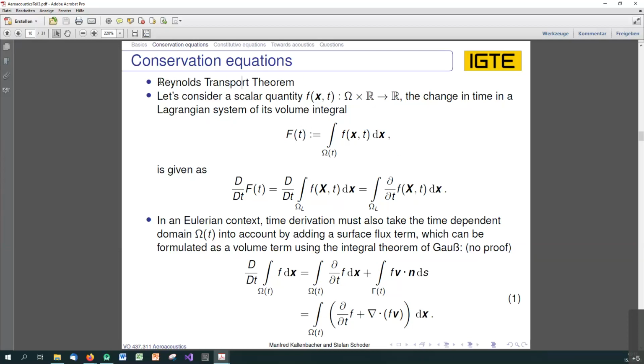Okay, so we assume that we know the Reynolds transport theorem.